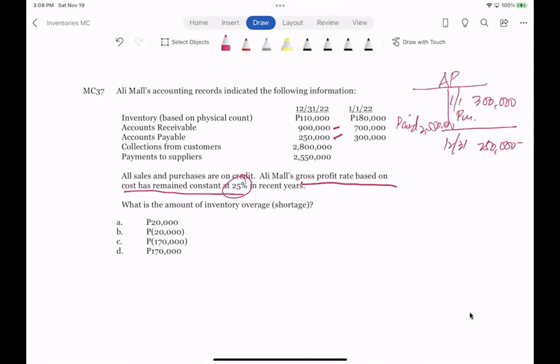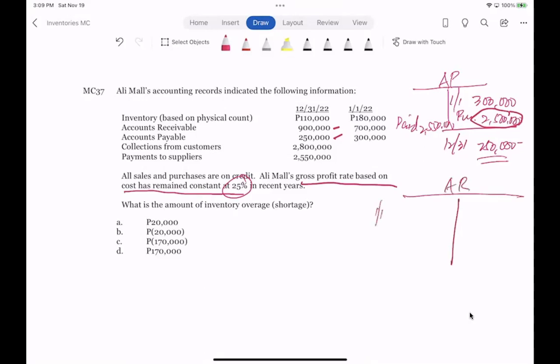Therefore, purchases is the missing item. So 2,550,000 plus 250 minus 300. Therefore, our purchases during the period amounted to 2,500,000.